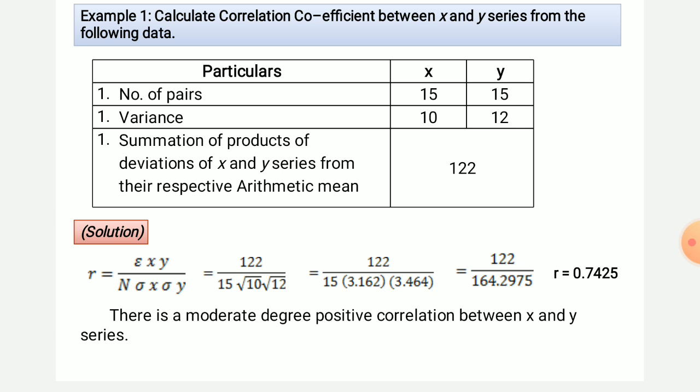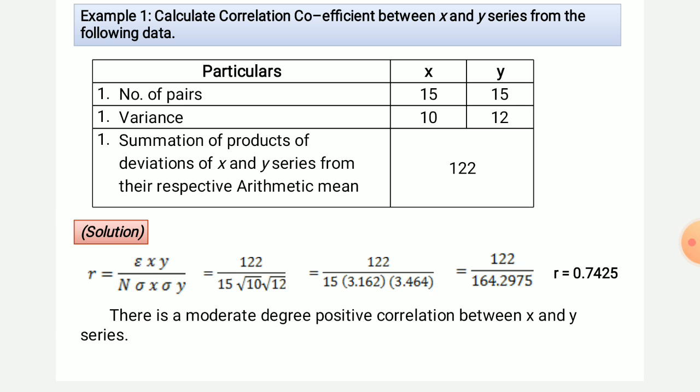From this value we make the interpretation: this is a moderate degree positive correlation.